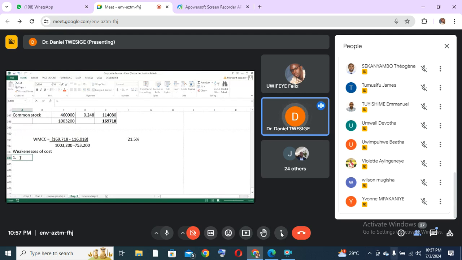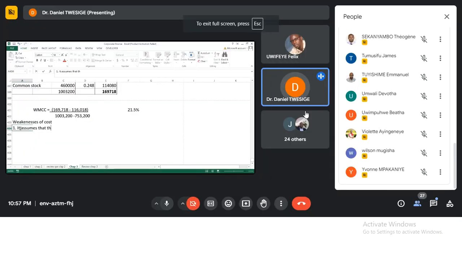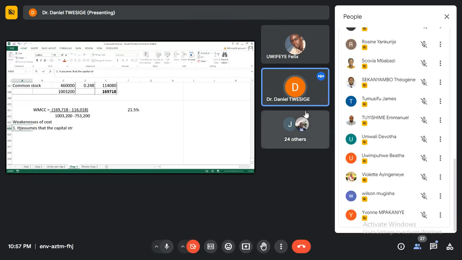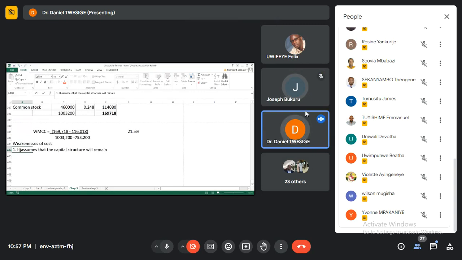Number one, it assumes that the capital structure will remain. The cost of capital.